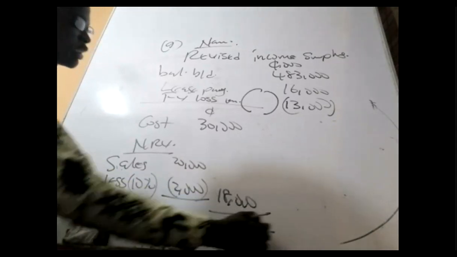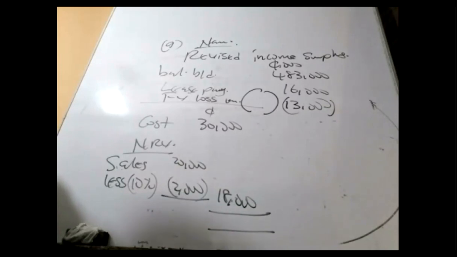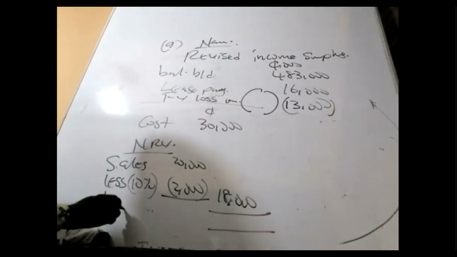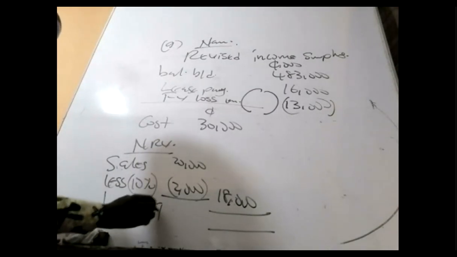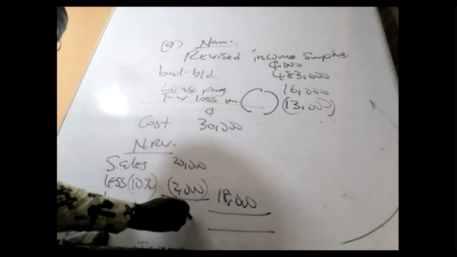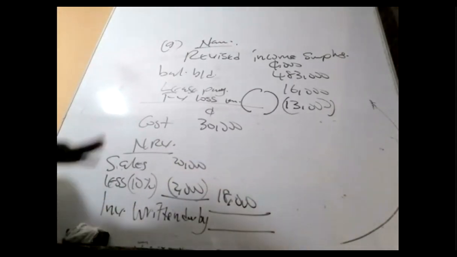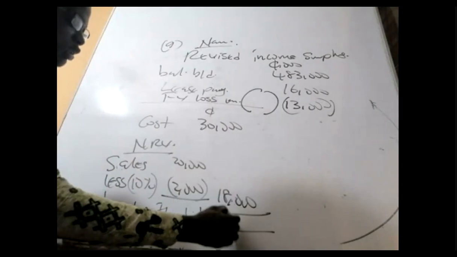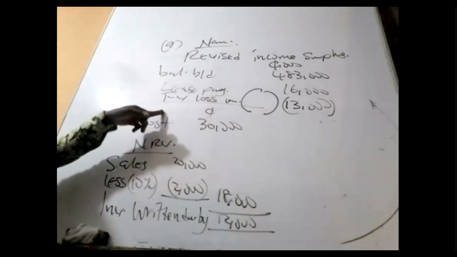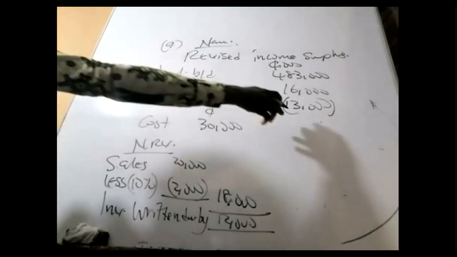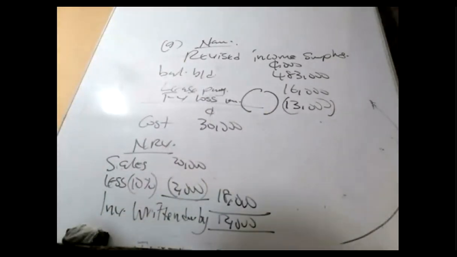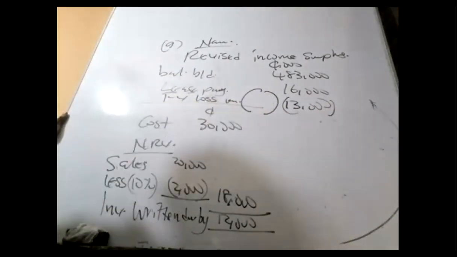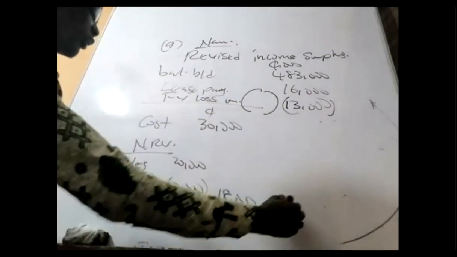Now, if the NRV happens to be the lower one, then the inventory should be written down by the difference between 30,000 and 18,000, that would be 12,000. It's an expense. Add it to your expenses, meaning we have to subtract it from the profit here.